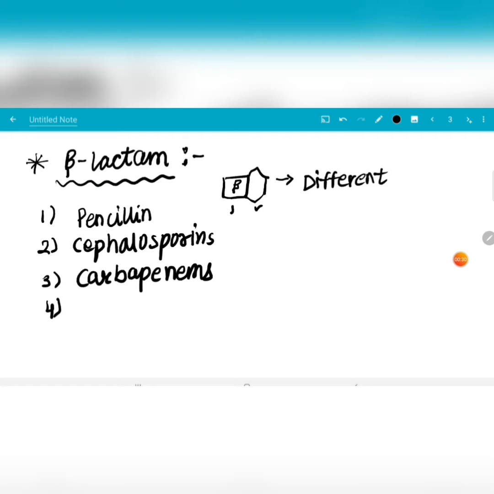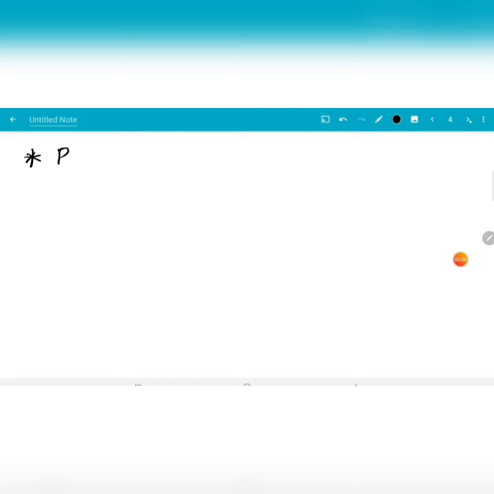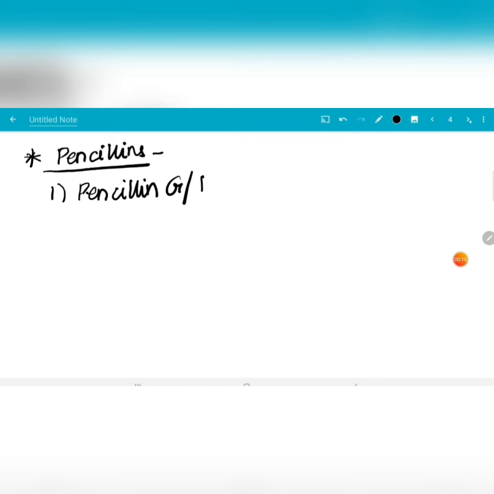And the fourth group of drugs is monobactams. So we will discuss penicillin first. It includes penicillin G and benzyl penicillin.